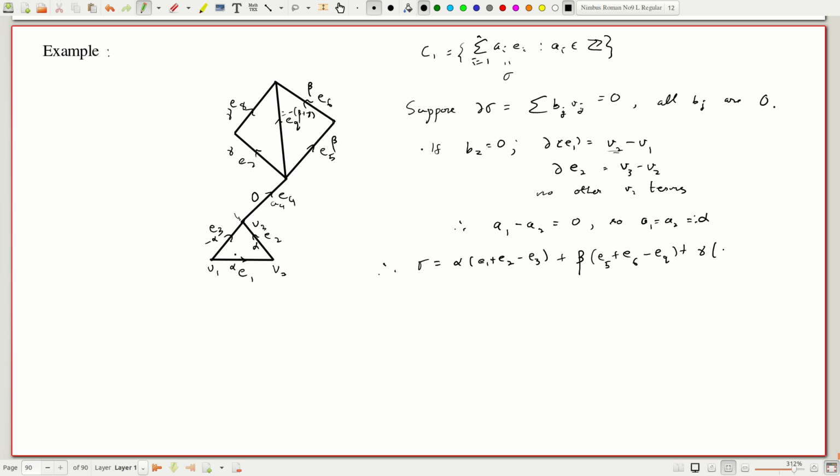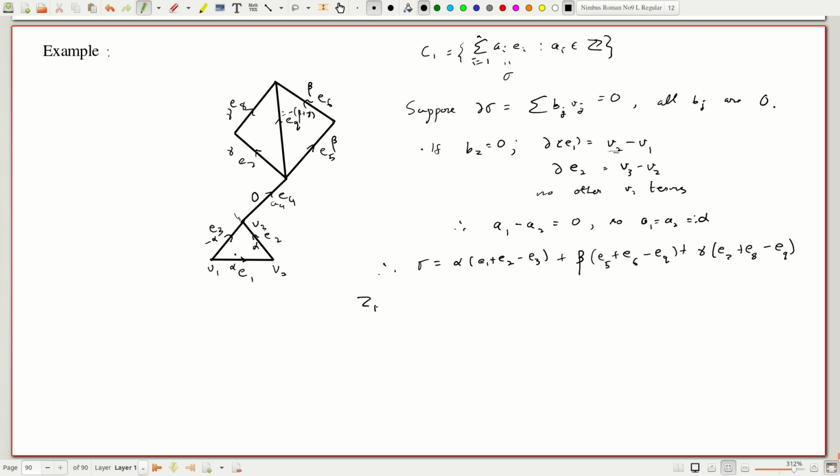Okay, so gamma will have an E7 plus E8 minus E9. And it's easy to see the boundary of each of these is 0. So the boundary of E1 plus E2 minus E3 is going to have each of these vertices with coefficient 0. And the same goes with the boundary of beta and the boundary of gamma.